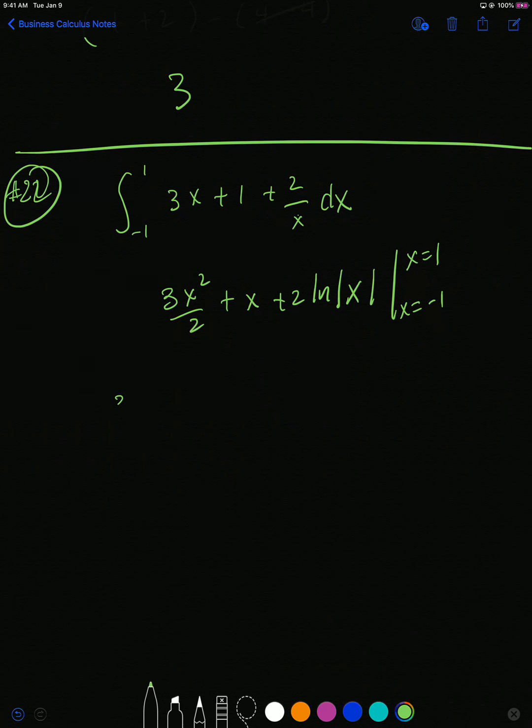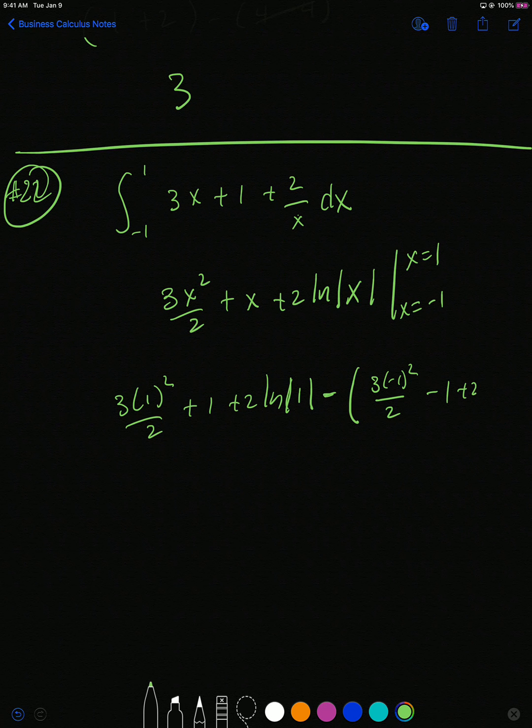So that's going to be 3 times 1 squared over 2 plus 1 plus 2 times ln of 1, minus, open parentheses, 3 times negative 1 squared over 2 minus 1 plus 2 times ln absolute value of negative 1.